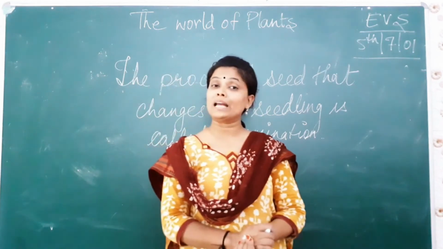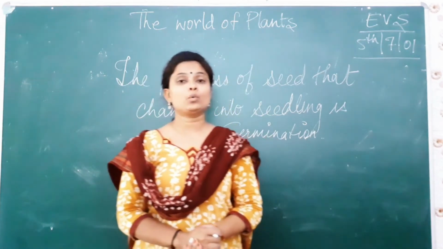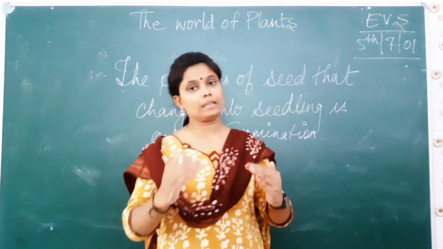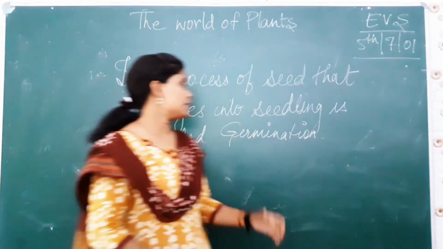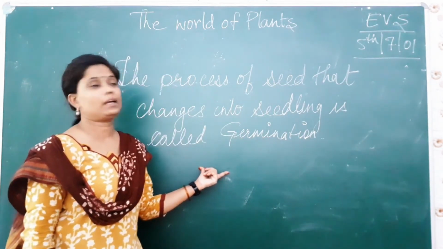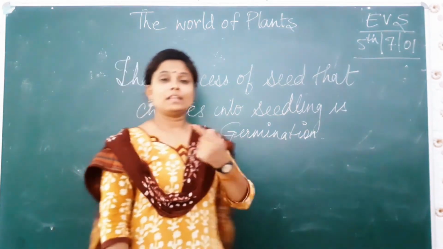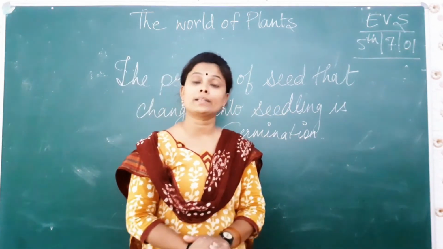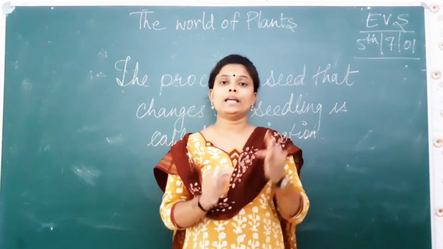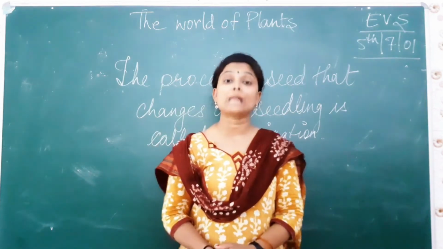What do you mean by balanced diet? The diet which has all the nutrients. Okay? And then we grow. In the same way they grow. Their food is what? Their food is air as well as water. Sunlight, air, water. They are the food of the plant.